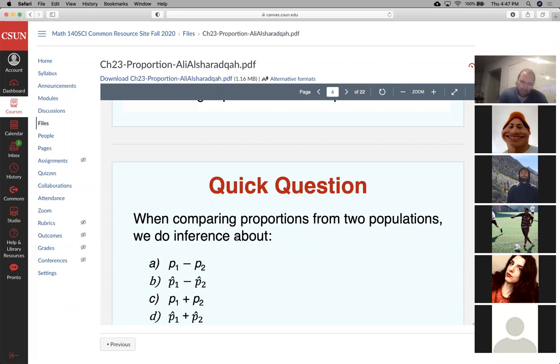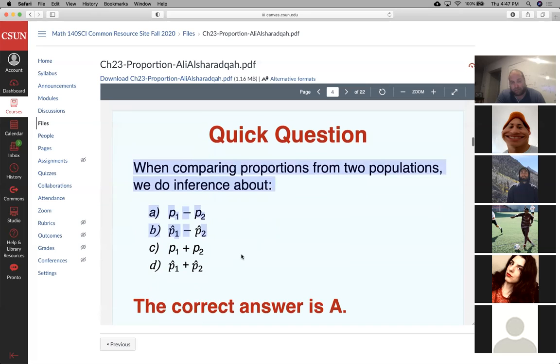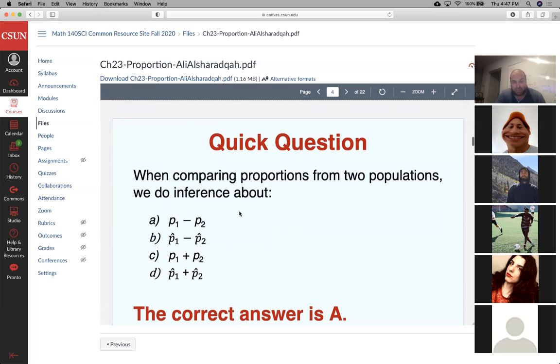And so this word "about," I really don't like this word "about." What does that mean? We use P1 hat minus P2 hat to infer something about P1 minus P2. So what does "about" mean? My guess is he meant B. Let's take a look. Oh, I was wrong. A. Okay. I didn't understand his note.